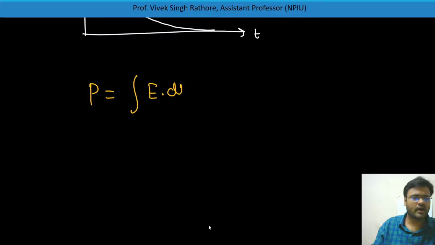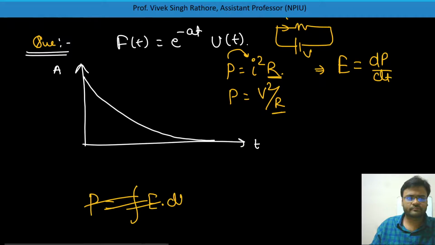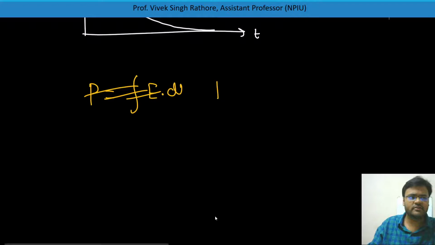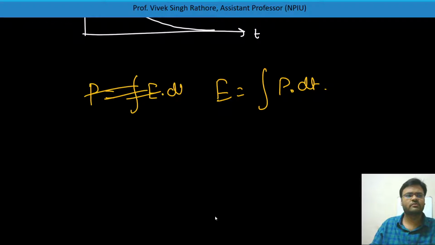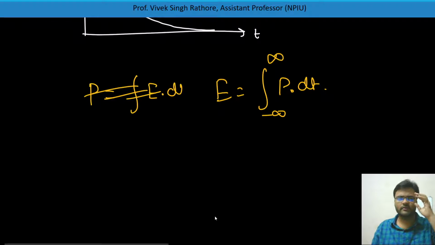Sorry, I think I'm making a mistake. It is like this: power is equal to dE by dt. So energy is equal to the integration of power into dt, and if you take minus infinity to infinity, it will be the same. Power is equal to the function squared.